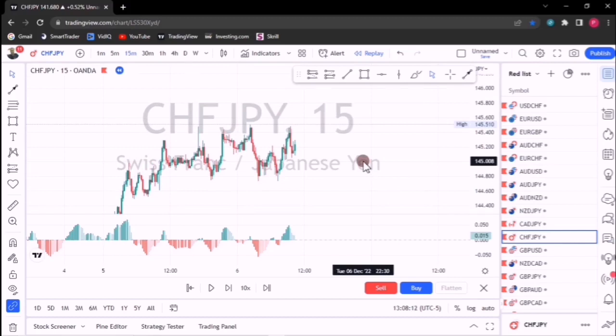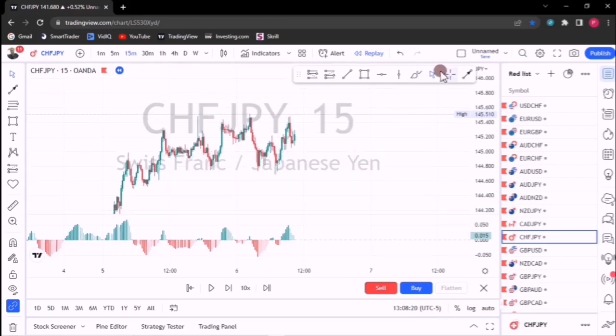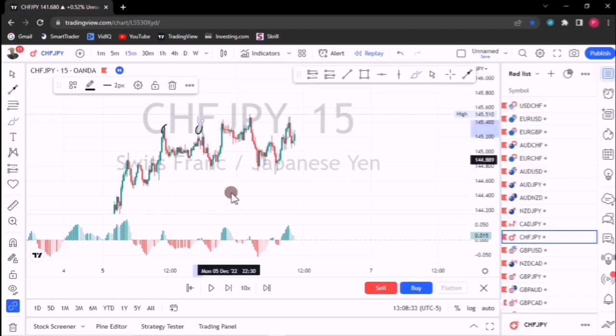Now, the way I like to use the MACD is to identify the real highs and the real lows in the market. For example, based on the MACD, here is the real high, here is another real high somewhere at this point, here is another real high at this point, and here is another real high at this point.